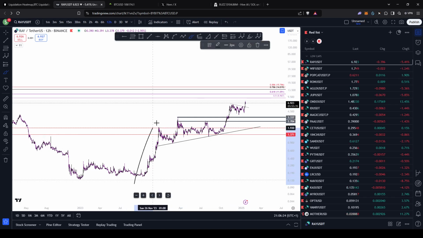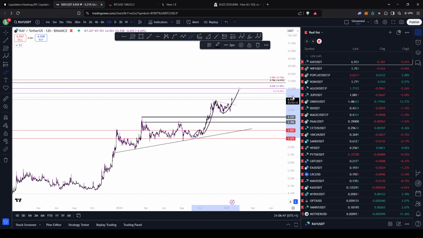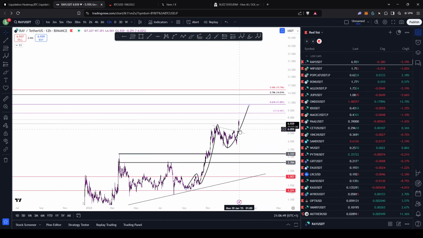Or even if this has a 5-wave move and this is your corrective structure, then this is your 1, 2, 3, 4, 5 potentially. And you sort of find the local top. Impulsive wave 5 can also be very expanded. So this could push up into like $11 if it wants to.